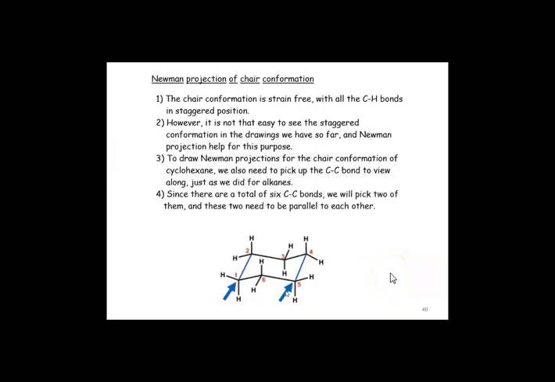Our purpose is to draw the Newman projection of this chair conformation of cyclohexane. So first we have to select 2 parallel bonds, and we have to define from which angle we want to observe it. Now we have numbered all the carbon atoms of this cyclohexane 1, 2, 3, 4, 5, 6.